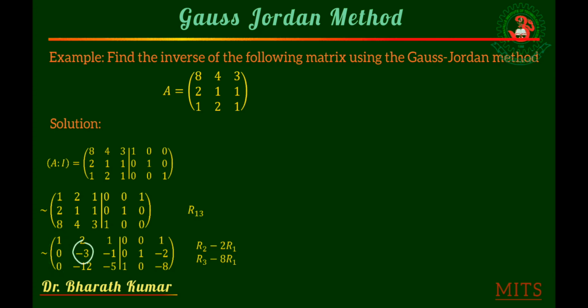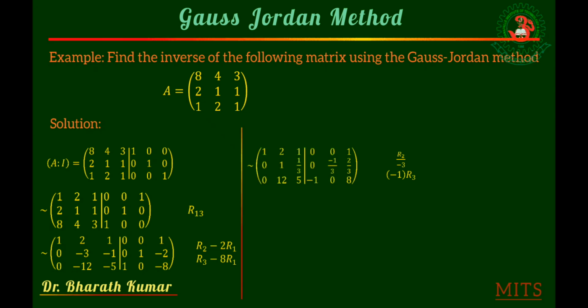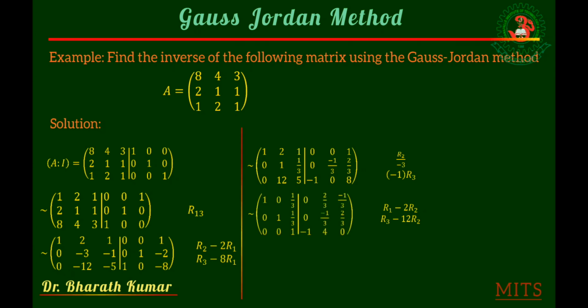Now make the second row, second column element 1 by dividing R2 by the same element. Here we can simplify the third row also to make the calculations easier. After making the second row, second column element 1, convert the above and below elements to zeros using the transformations R1 minus 2 times R2 and R3 minus 12 times R2.